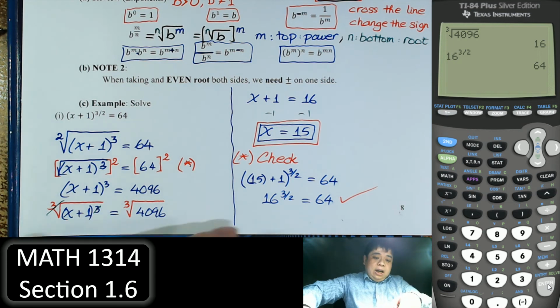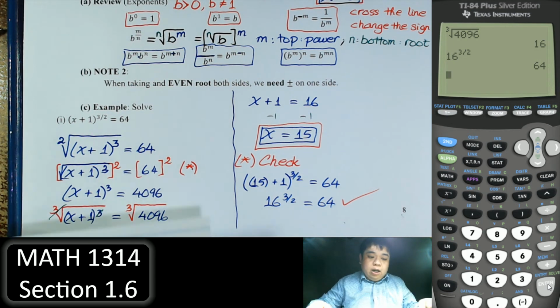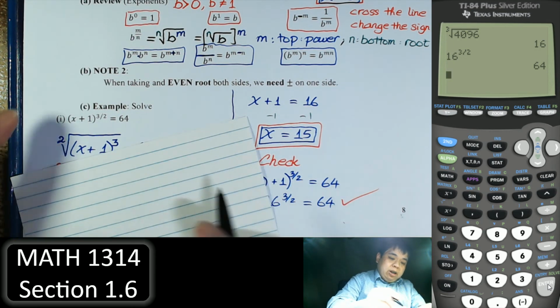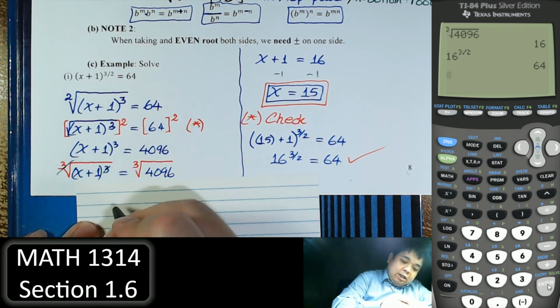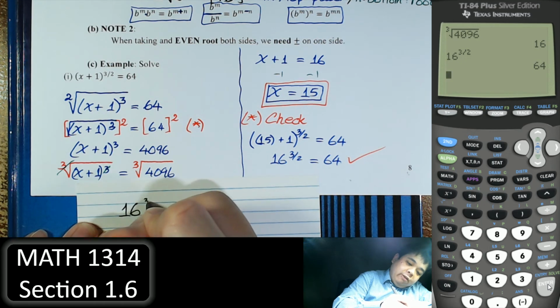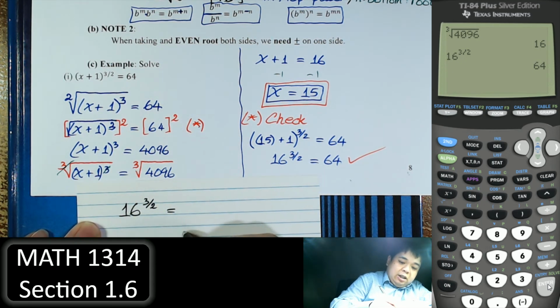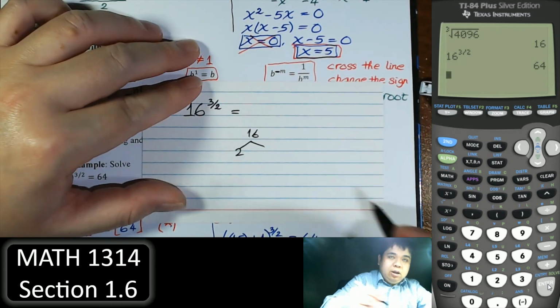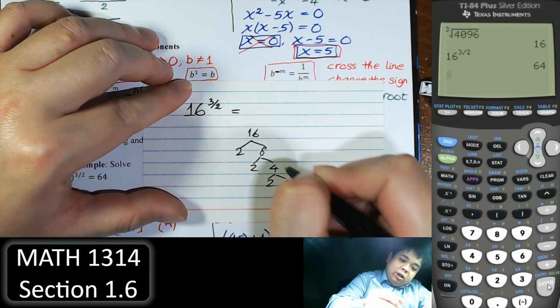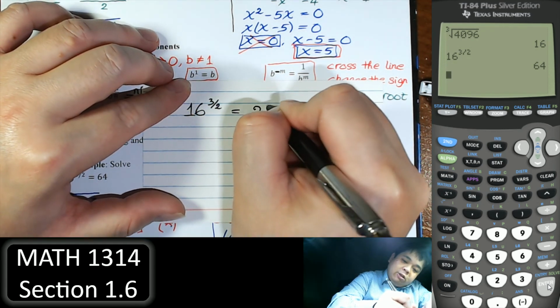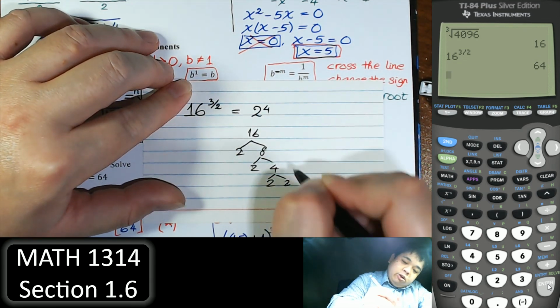Right. If you don't want to do this using the calculator, we can write 16 to the 3/2. 16, we can say 16 is 2 times 8, 8 is 2 times 4, 2 times 2. So 16 is 2 to the 4th power, because 1, 2, 3, 4.